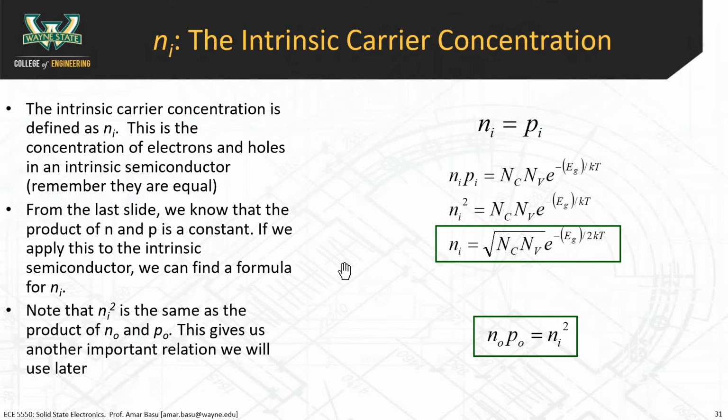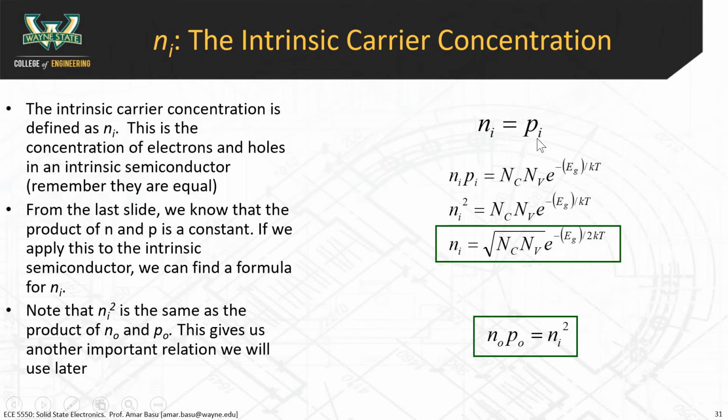So we go one step beyond that with those calculations, and we can say that if we want to figure out what's called the intrinsic carrier concentration, then we can figure it out this way. So let's just go through this real quick. The way that we define the intrinsic carrier concentration is that it's the carrier concentration at no doping. And we know that at no doping, ni is equal to pi. I stands for intrinsic.